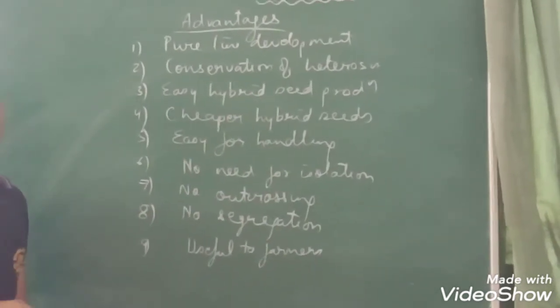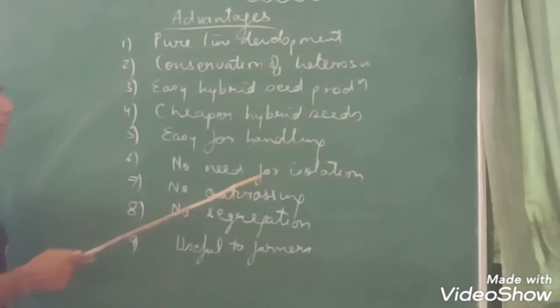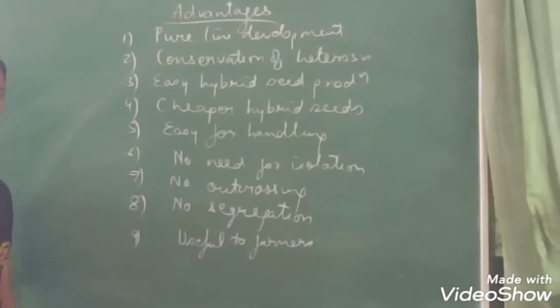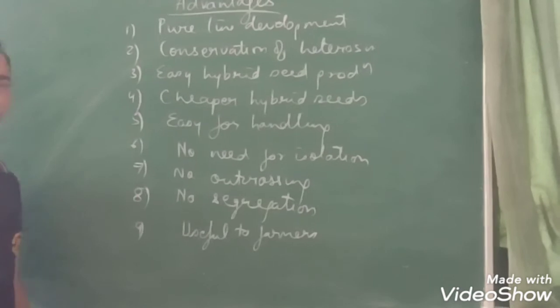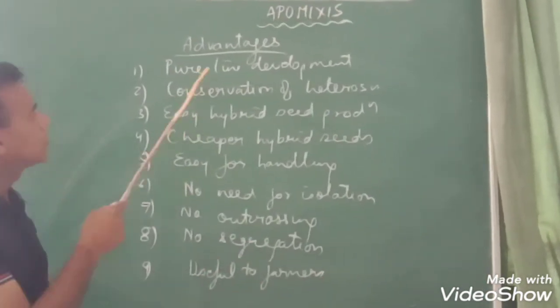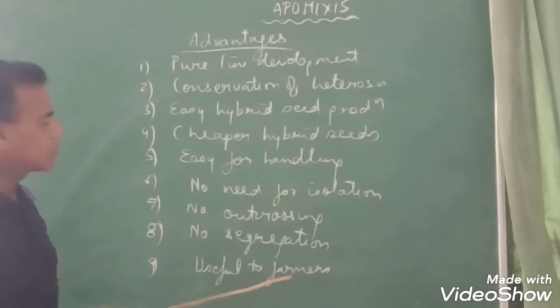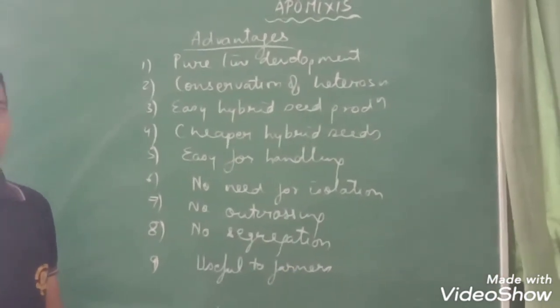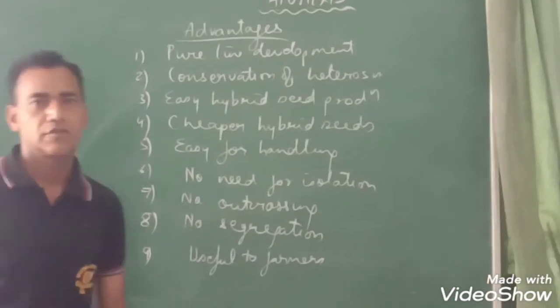They do not need any isolation, there is no risk of outcrossing, no segregation, and thus because of these apomictic lines, they are very useful to the farmers.